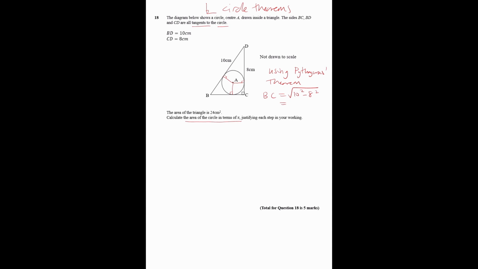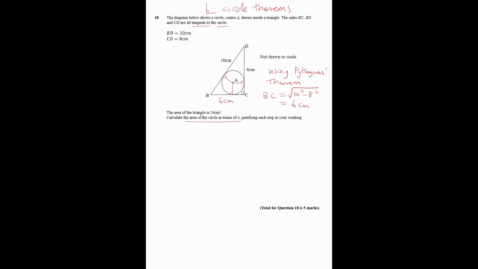Square rooting that is 6. So that confirms that the area of the triangle is 24, half base times height, perpendicular height. It's a right angle triangle, I can see this. Okay, so that will be 3 times 8, which would be 24.